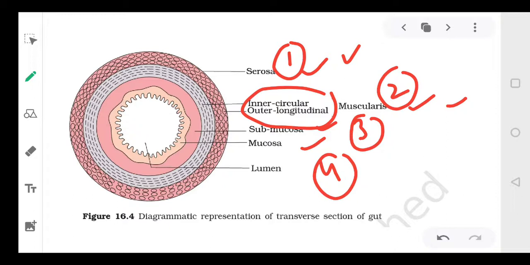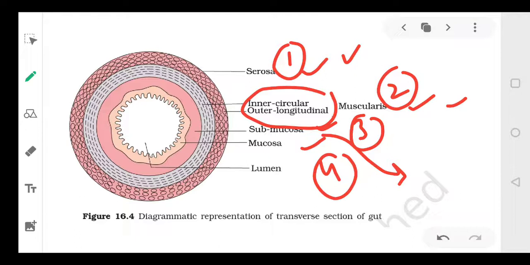Then comes your submucosa. This layer is made up of loose connective tissue, and it also contains blood and lymph vessels. Then the innermost layer is called mucosa.